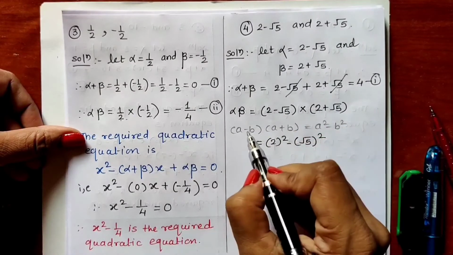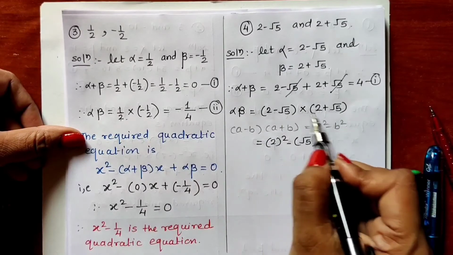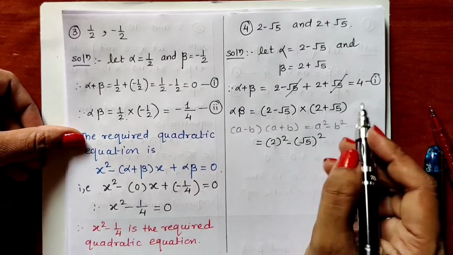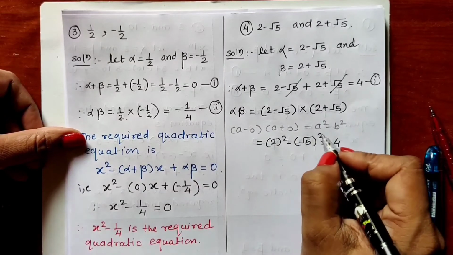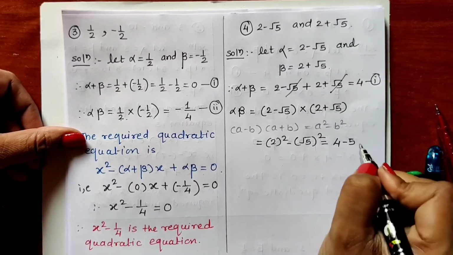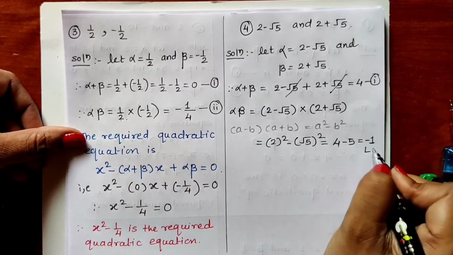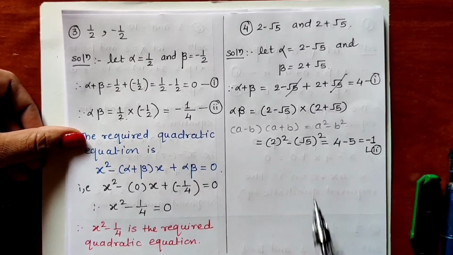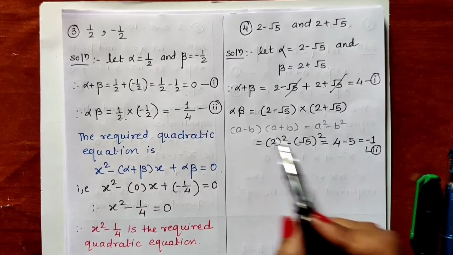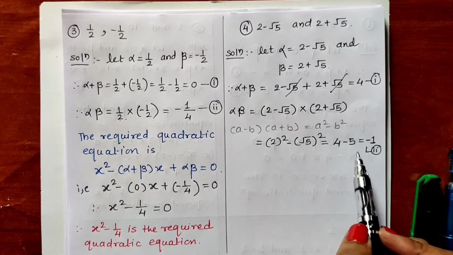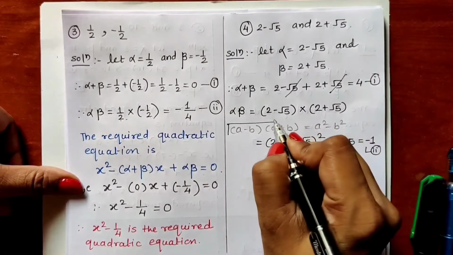We are applying the formula a minus b, a plus b is equal to a square minus b square. So 2 minus root 5, 2 plus root 5 will be 2 square minus root 5 square. 2 square is 4 and root 5 square is only 5. 4 minus 5 is minus 1. Okay, this is second one. So in this way we have got the values. Alpha plus beta is 4. Alpha into beta is minus 1. This is the formula which we have used.